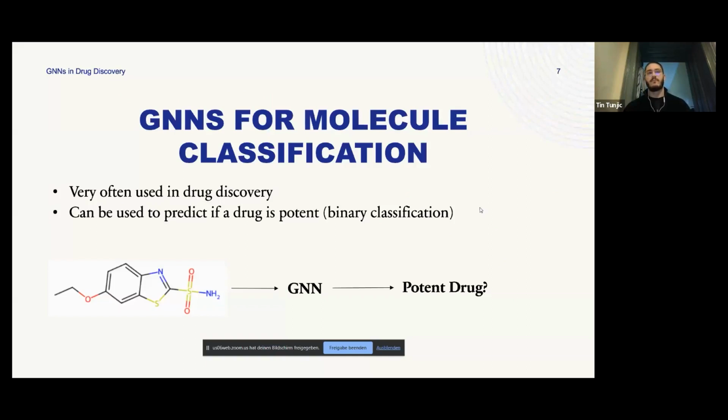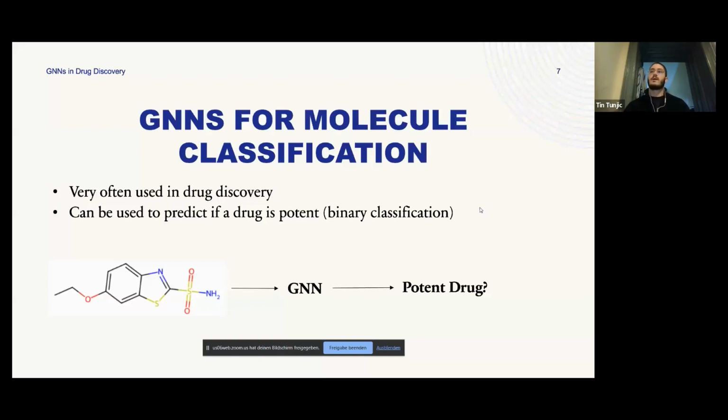This is an example of graph neural networks for molecular classification. It is very often used in drug discovery, where you have one molecule and you try to predict various properties. That is very helpful, because normally synthesizing a drug and running long assays is very inefficient, meaning it costs time and money.